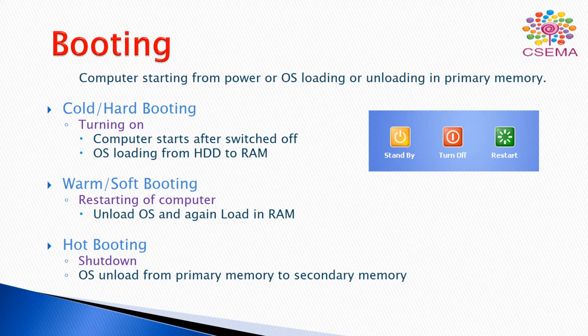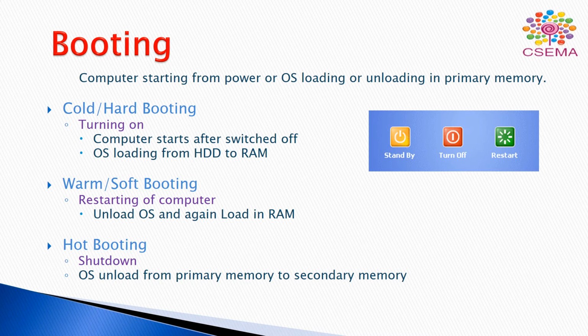And the third category of booting is hot booting. When we are using our computers and have performed all the work we need, and we want to shut down our computer, then we shut it down. The operations performed inside the computer system when it is shutting down are referred to as hot booting.